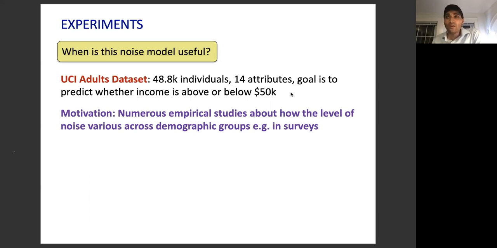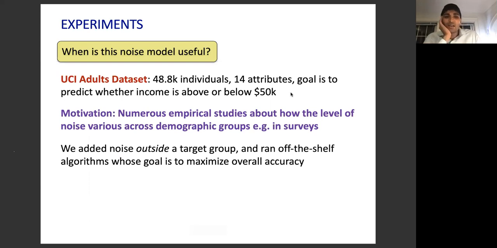For example, when you do health surveys, it's well known that the noise rate varies in pretty extreme ways across different demographic groups, because some people don't have English as a first language, so there's a lot of noise in the responses. And some people just don't genuinely trust the medical systems they're replying to, so you get more noisy answers from those people.